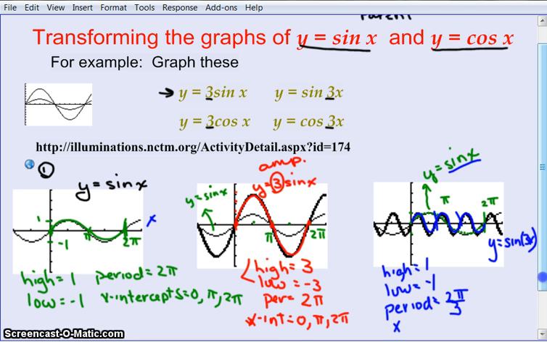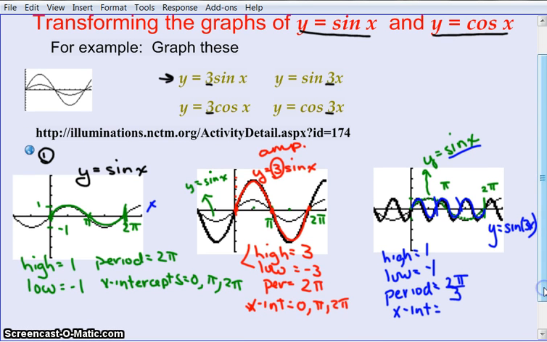That changes our x-intercepts quite a bit. We still cross the x-axis at 0. We then cross again at, let's see, there's pi right here, it looks like we're crossing at about pi over 3.